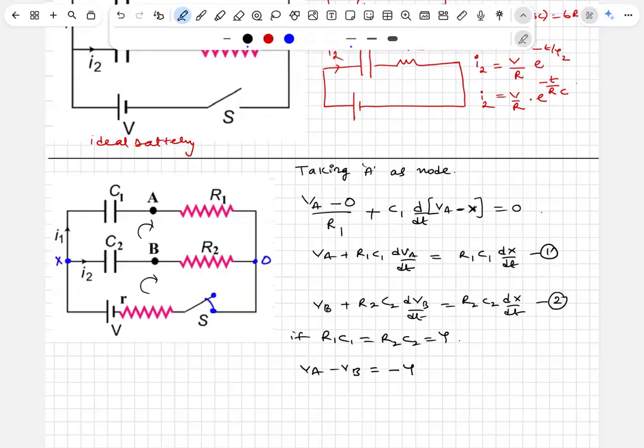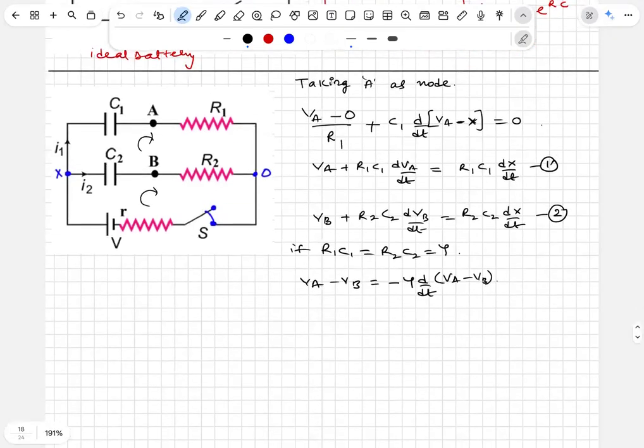This is minus tau times d by dt of VA minus VB. So tau times (VA minus VB) by (VA minus VB) is tau. Any doubt?